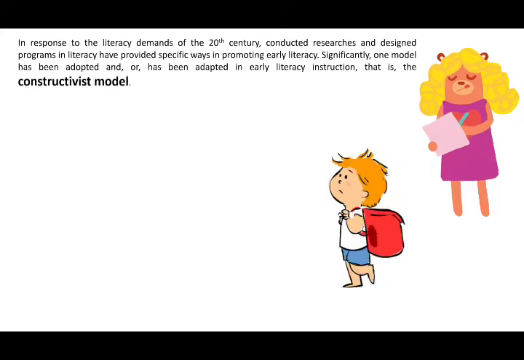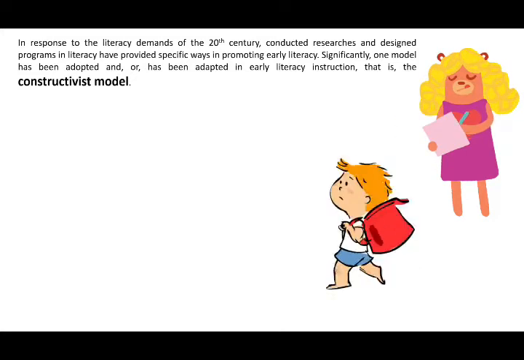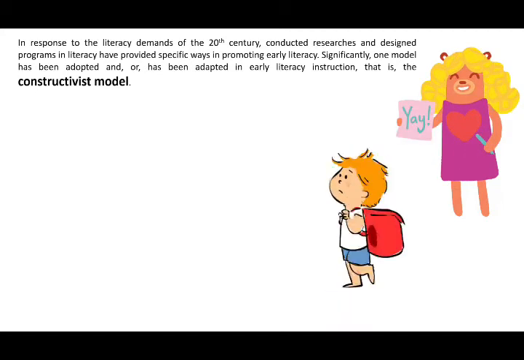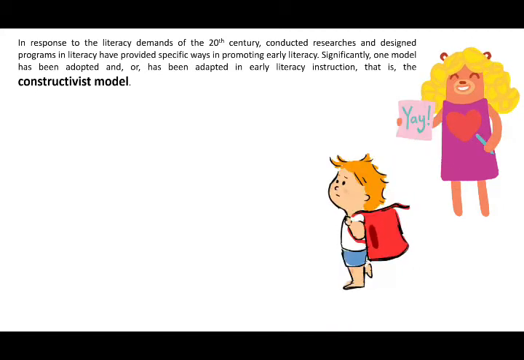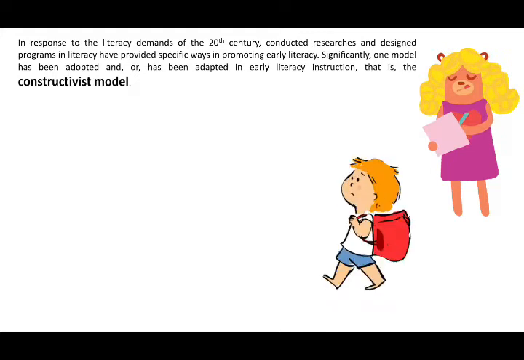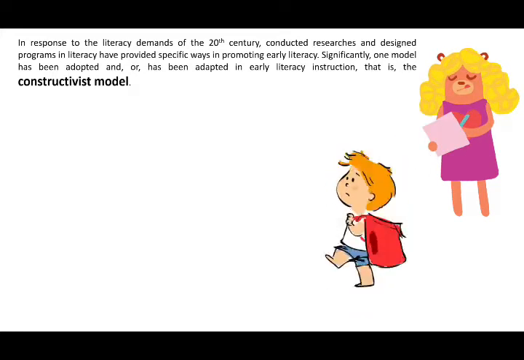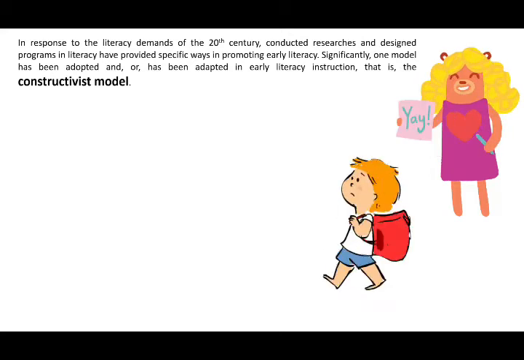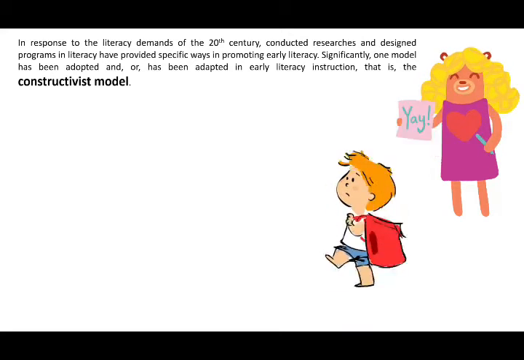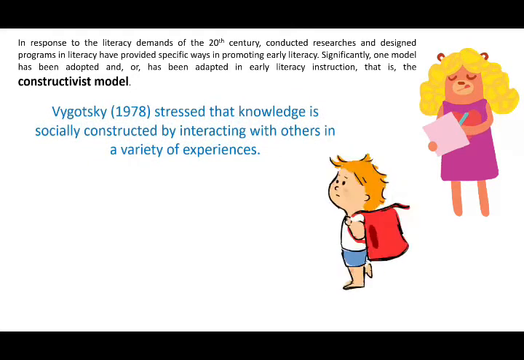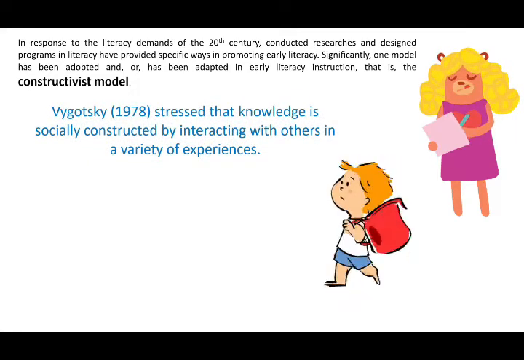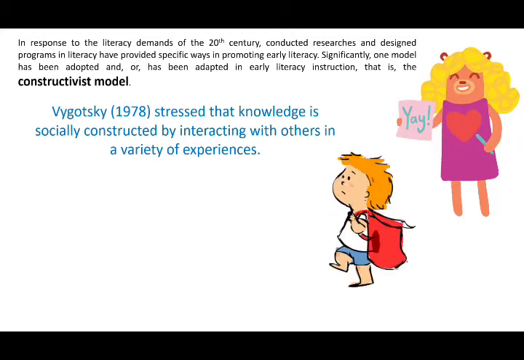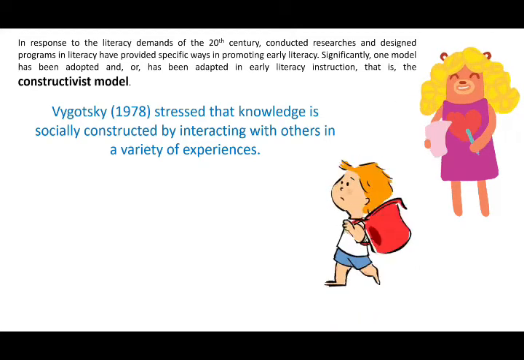So, class, I know that this is familiar sa inyo because we've been talking about constructivism in your other major subjects. Now, there are many supporters of the constructivist model, and of course one of it is Lev Vygotsky. No? So Vygotsky stressed that knowledge is socially constructed by interacting with others in a variety of experiences.